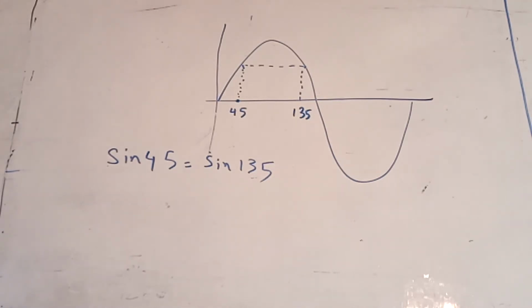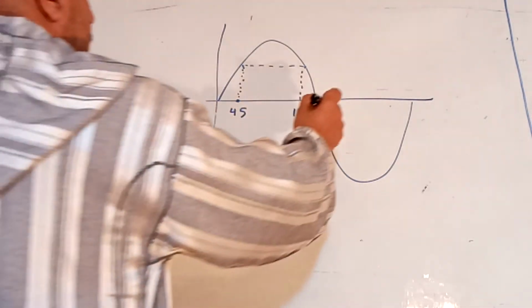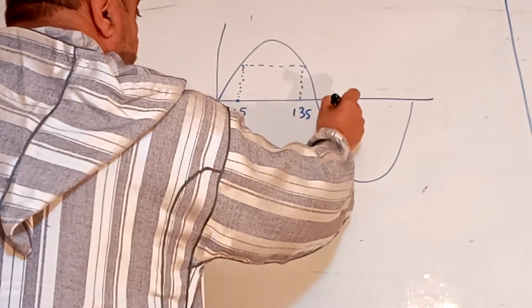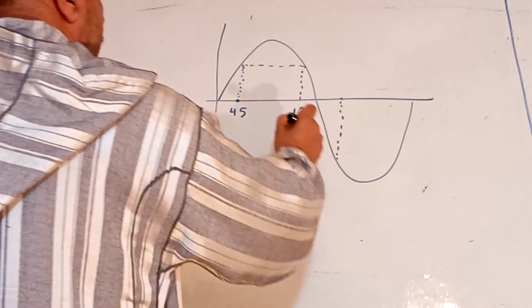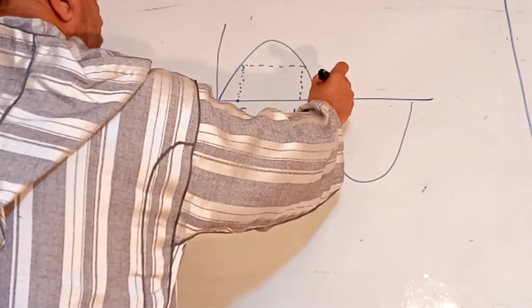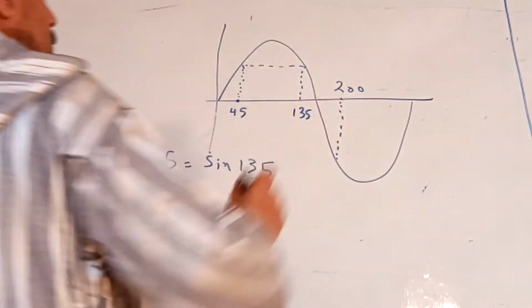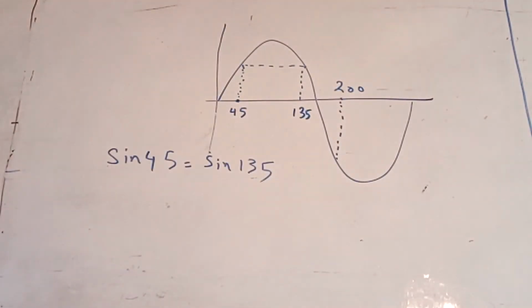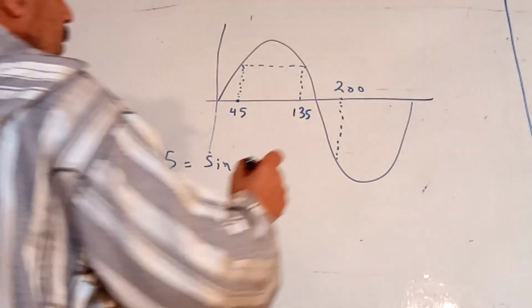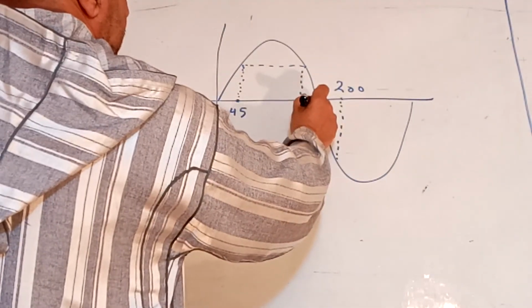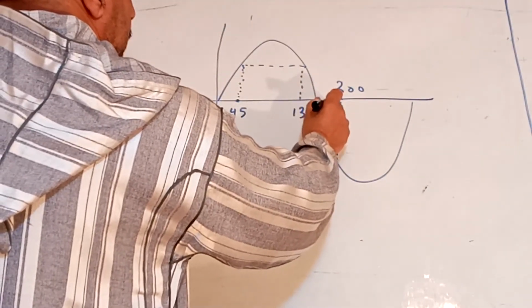Alright, let's check another angle. Let's say this angle here, this will be 200. Find the sine of 200. How far is it from this axis here? It is 20.